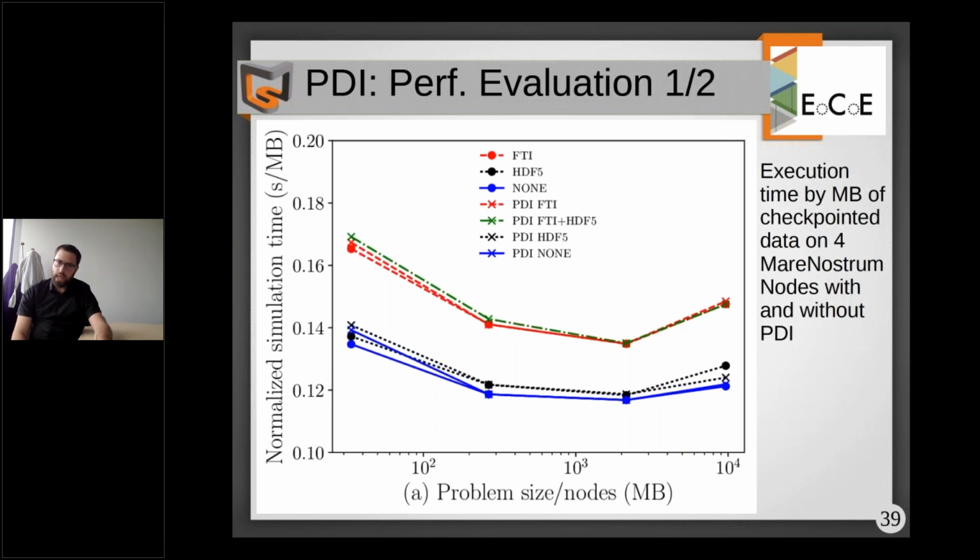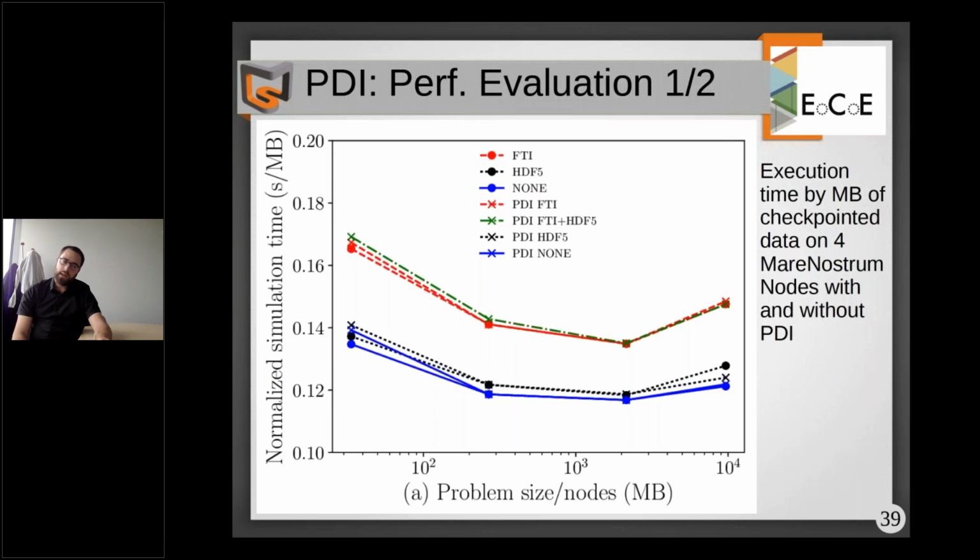So in blue, we have the base case with no checkpointing at all. In black, we have the case where we use HDF5 for checkpointing, and in red, the case where we use FTI.